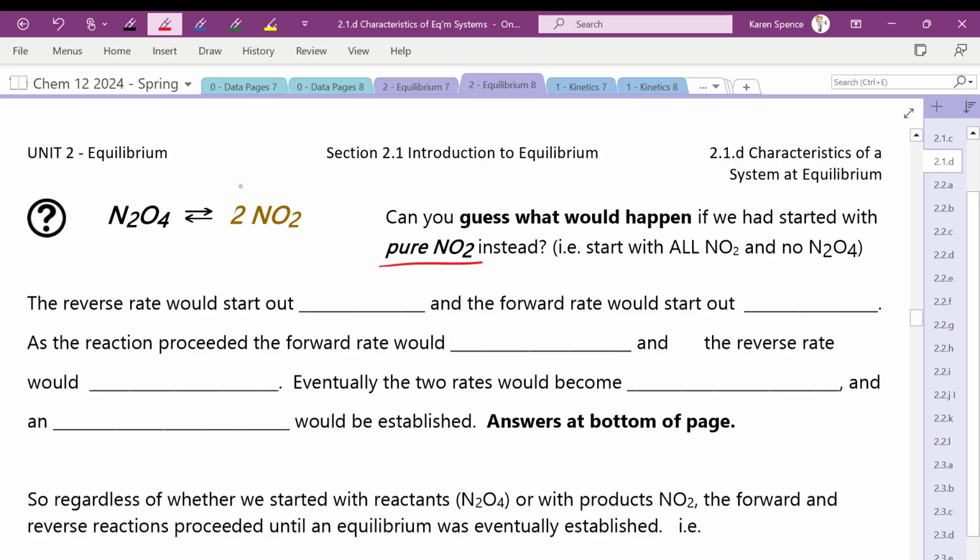So what that means is at the beginning of the reaction, at the start, we have lots of NO2, and we don't have any N2O4. So what I would like you to do is with your partner read through this little paragraph and see if you can fill in the blanks as you go. Okay? Give it a try.